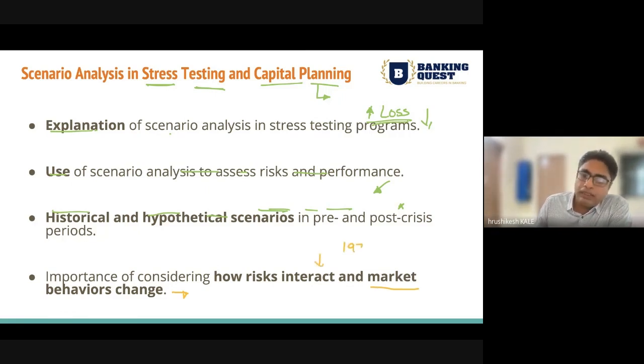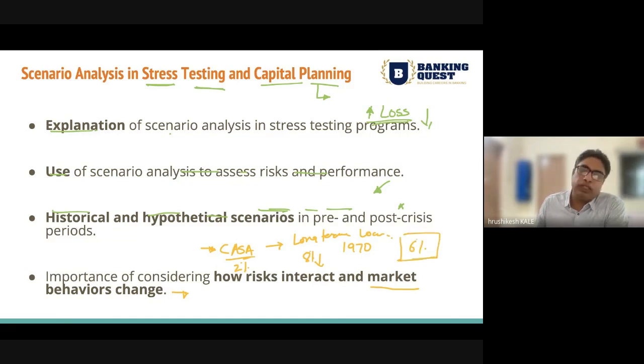Basically, in the 1970s, how banks used to work is that banks used to take CASA deposits, current and saving, and give long-term loans. So they used to pay some 2%, and they used to give loans at 8%, and 6% was the spread, and they were happy with it. But suddenly in the 1980s, the yield curve changed.